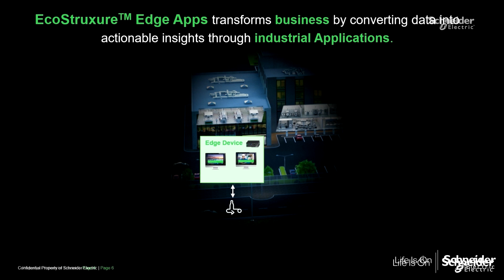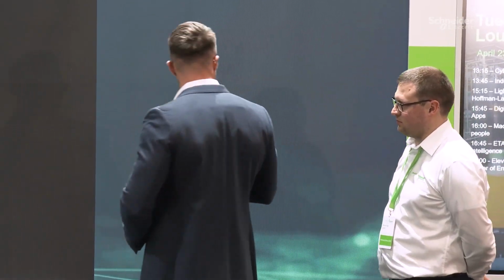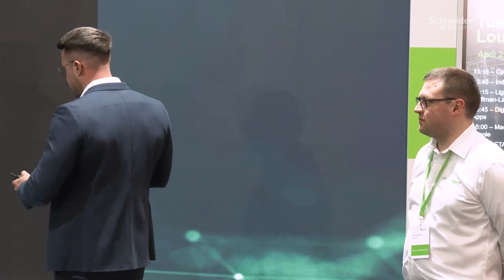Two simple applications which are running directly at the machine level, so directly at the place where the data is being collected. And since we are Schneider Electric and we do not think small, we think big, Alex will show you how the solution can look on a larger scale.